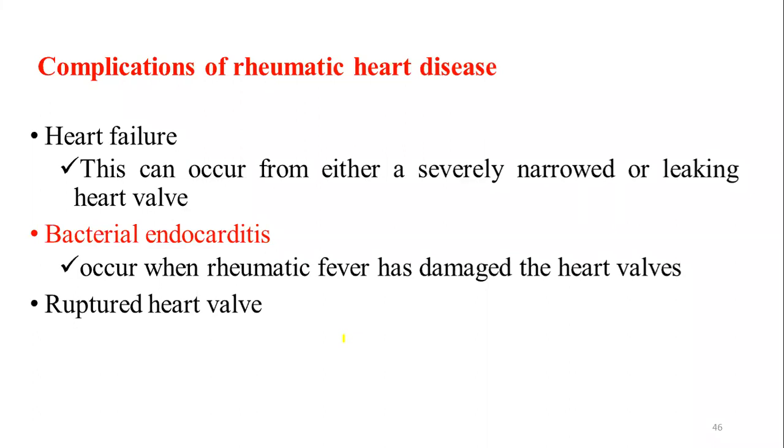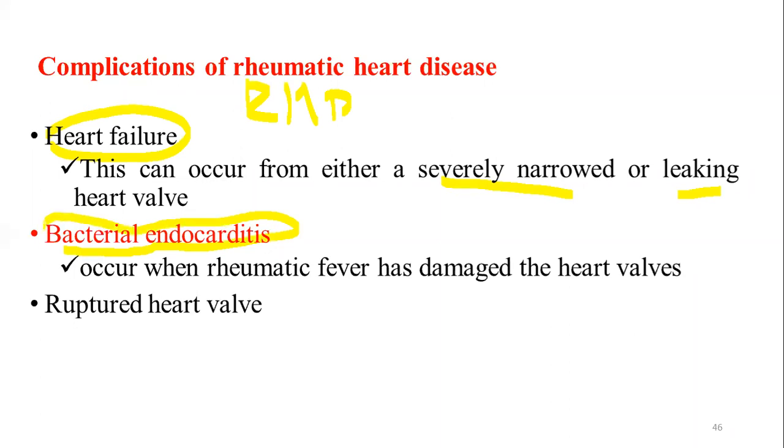So finally, what are the major complications of rheumatic heart disease? If someone is having RHD, it means there is valvular damage. If the valve is damaged, it can cause heart failure. This occurs because of narrowing or leaking of the heart valves. And of course, when there is damage on the valve, it is a good opportunity for microorganisms to produce vegetation at the site of the cardiac tissue.